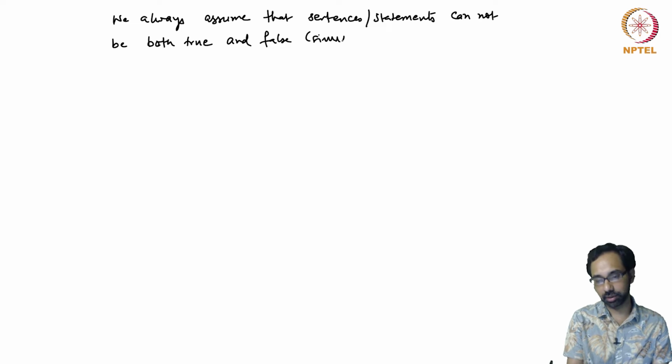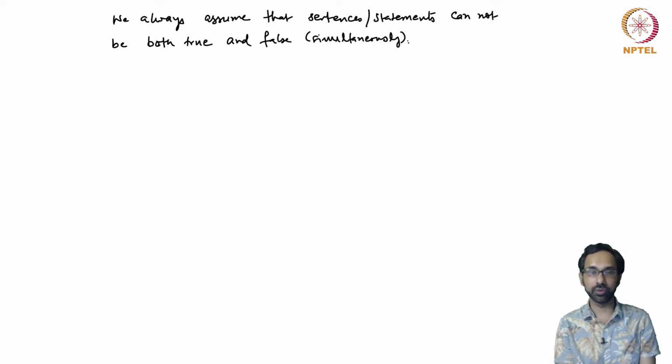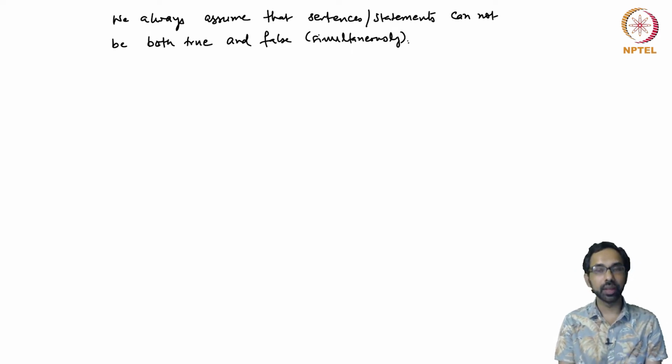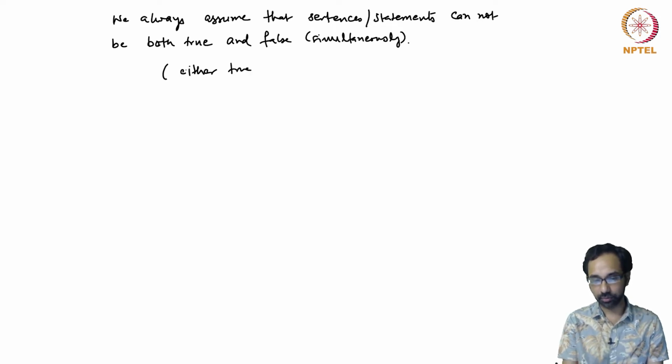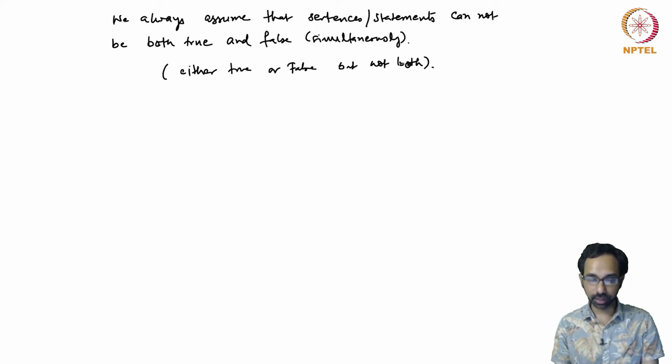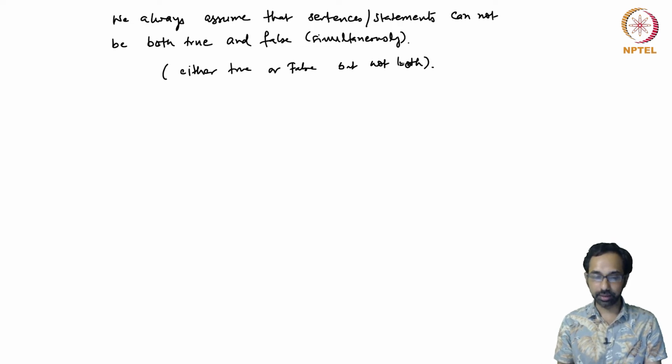At the same time you cannot say that one sentence is true and false. So it can be either true or false, but not both. In mathematical logic we restrict ourselves to statements which are either true or false, but not both.